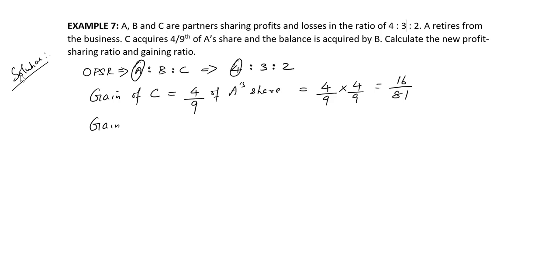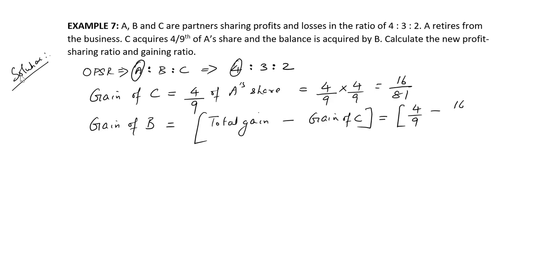Gain of partner B can be found out by taking the total gain minus gain of partner C. The total gain of B and C is equal to A's share, which is 4 divided by 9, minus the gain of C, 16 divided by 81.